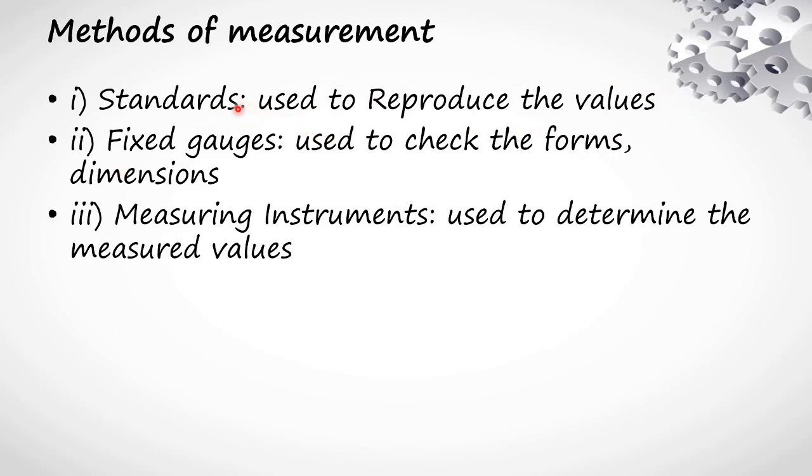As we know, standards are used to reproduce the values, and fixed gauges are used to check the forms, dimensions, etc. And measuring instruments are used to determine measured values. So these are the methods of measurement.